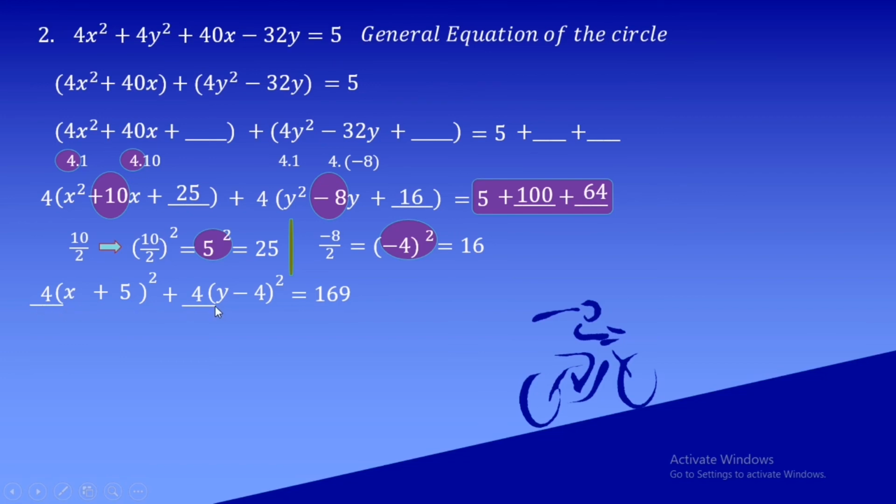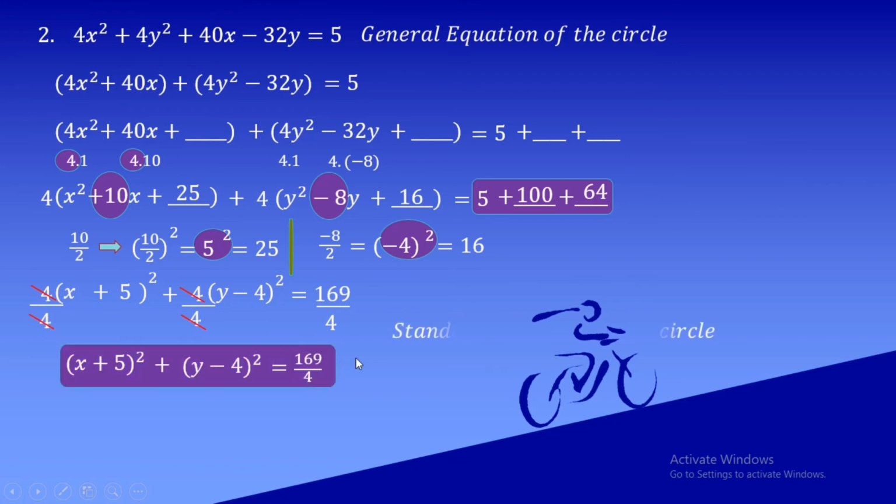So since we have a factor of 4 here, we divide by 4 so that we get the standard equation of the circle. So cancel. Then what remains is the quantity x plus 5 squared, then the quantity y minus 4 squared, then 169 divided by 4. That is our standard equation of the circle.